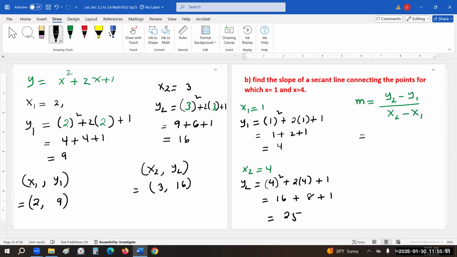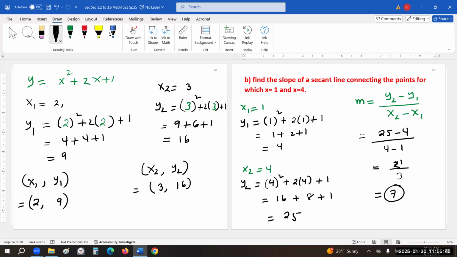So what minus what on the top? 25 minus 4 over 4 minus 1. So what do we have? 21 over 3. And now can you divide 21 over 3? 7.